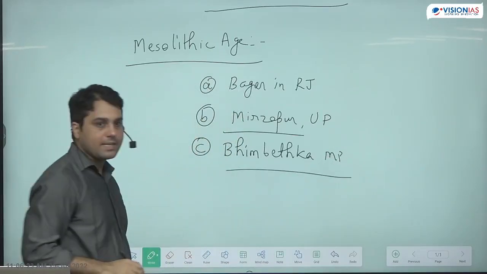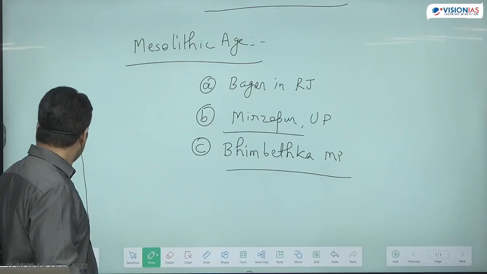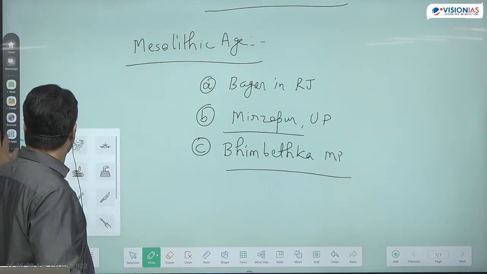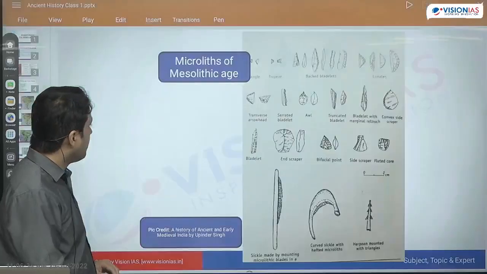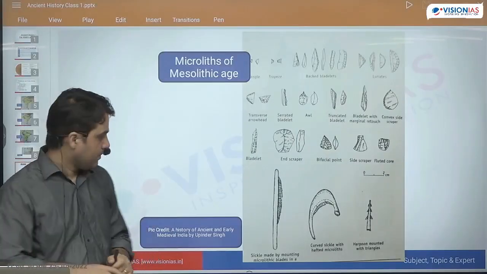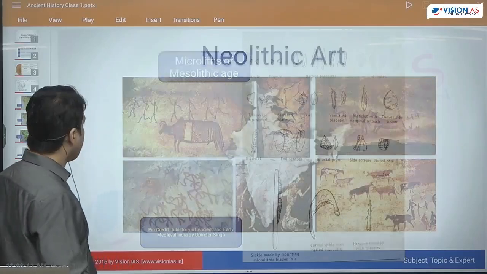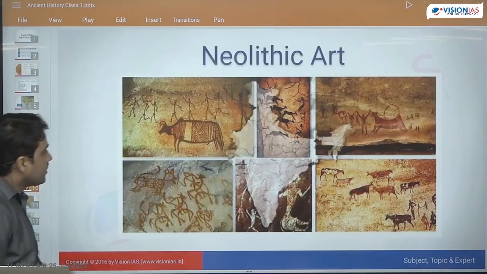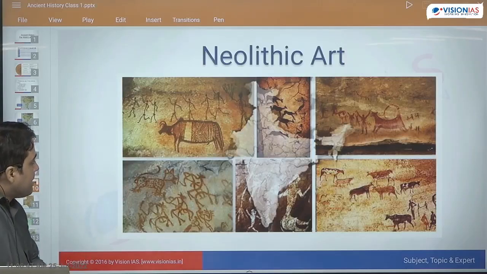Very famous for its cave paintings which belong to both Mesolithic as well as Neolithic phase. And just to give you a brief context of what type of cave painting I am talking about. Most of these paintings are from Bhimbetka, frankly.